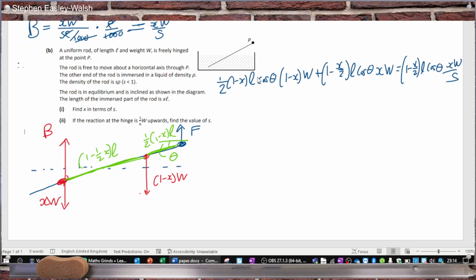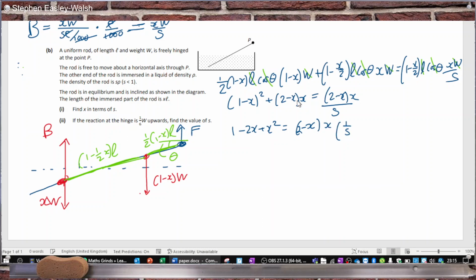Let's cancel the cos thetas, cancel the L's, cancel the W's, and maybe I'll multiply by 2. So I'll get 1 minus X squared plus 2 minus X equals 2 minus X over S. So that will be 1 minus 2x plus x squared equals 2 minus x times 1 over S minus 1.